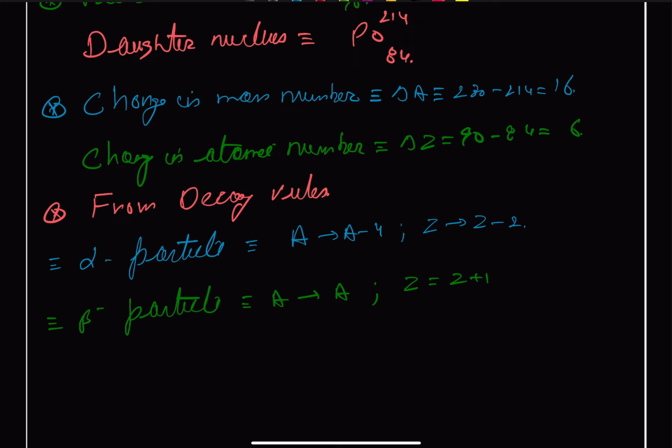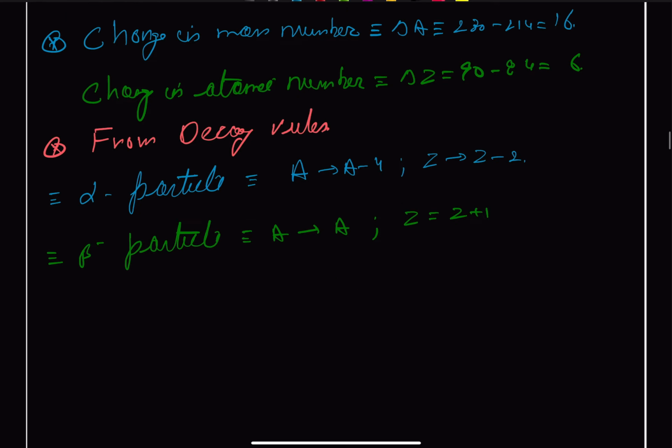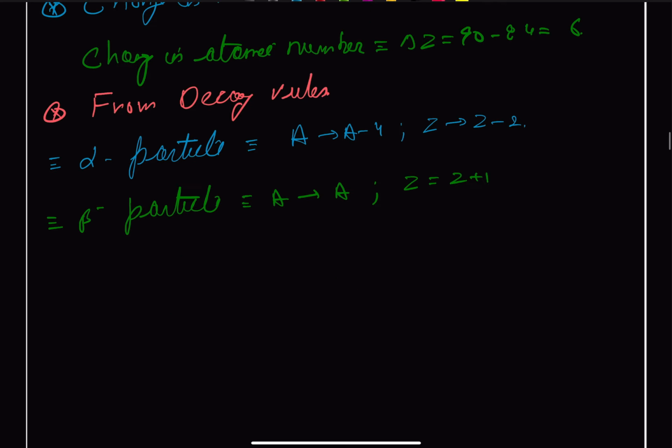So now we can just find out the corresponding parts. Let us assume that the number of alpha particles emitted during the decay is x, and for beta negative particles, let us assume that they are y.